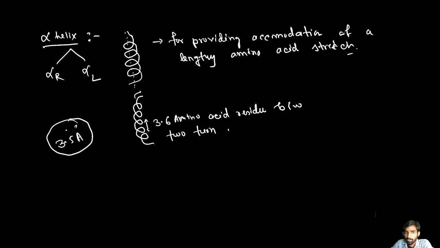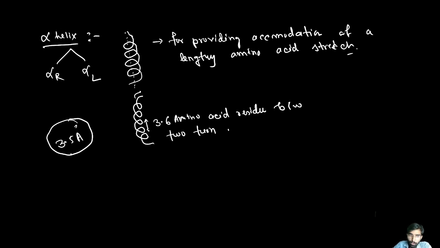But in helical conformation, it wants to accommodate more amino acids within a short distance. Suppose you see the membrane protein, most of the proteins have helical conformation. The membrane is very thin, so you need to accommodate multiple proteins in a small space.